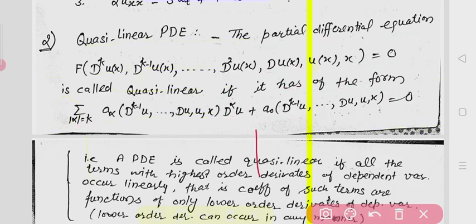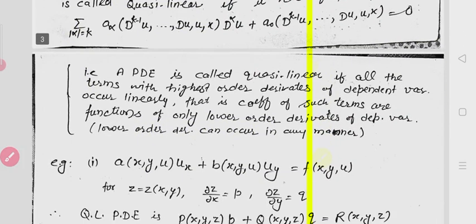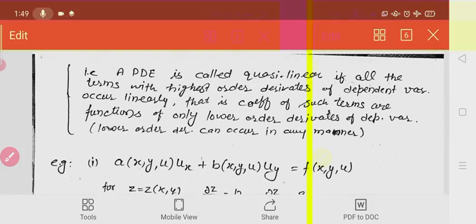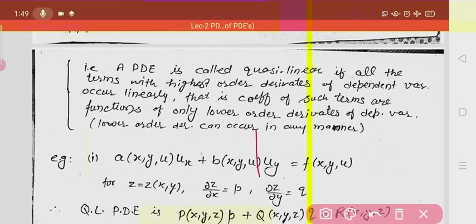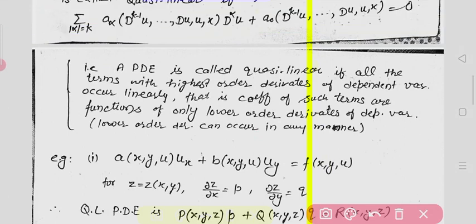In another word, I have written the statement over here. You can see a PDE is called quasi-linear if all the terms with highest order partial derivative of the dependent variable occur linearly.